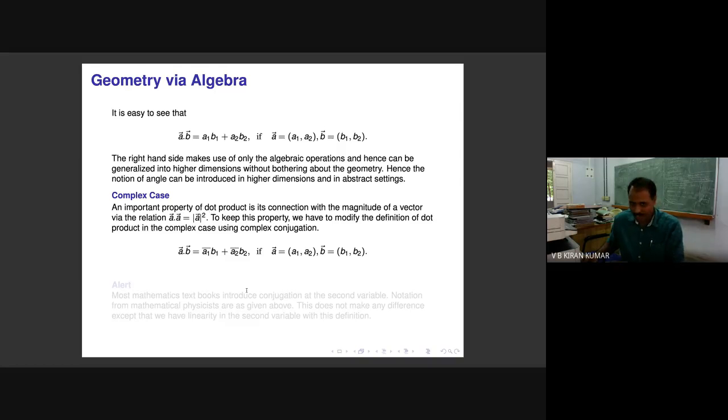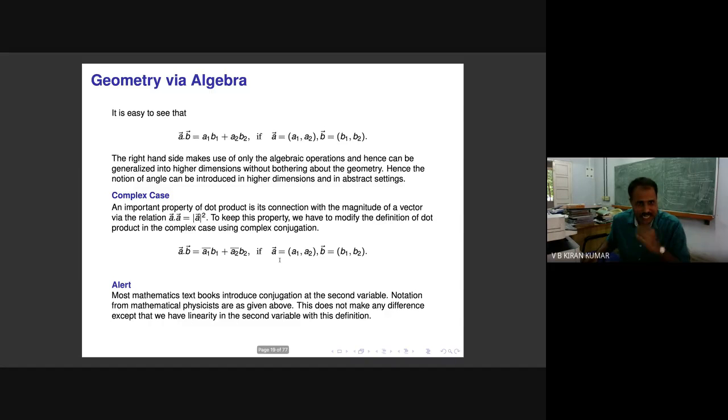Now another thing, it's an alert. Most mathematics textbooks introduce conjugation at the second variable. I mean, typically conjugation is given at the B1 part and B2 part in the typical mathematics book. But the notation from mathematical physicists is as given here. So I am following a mathematical physics textbook.